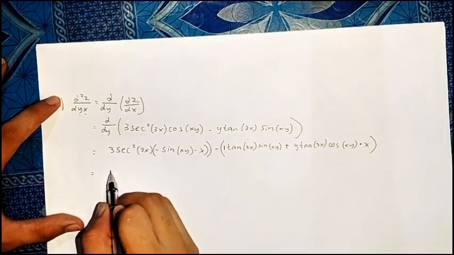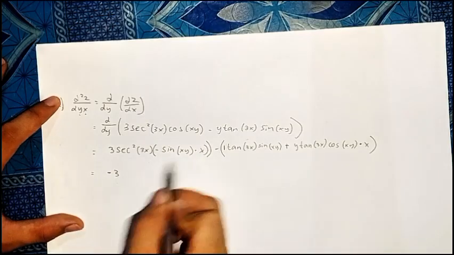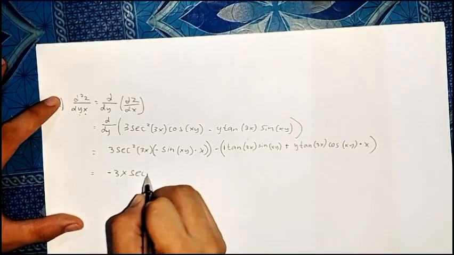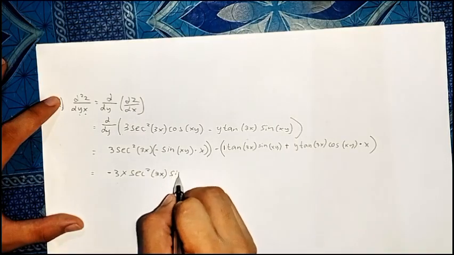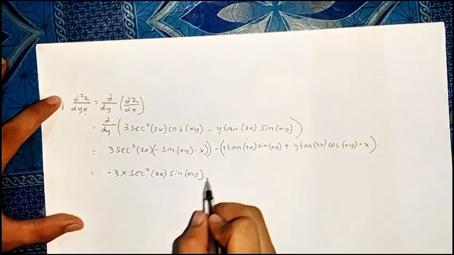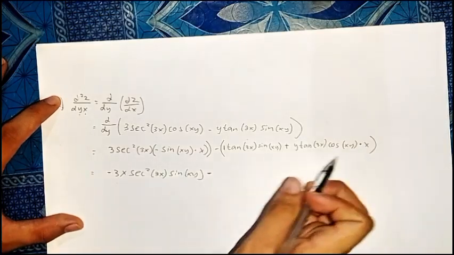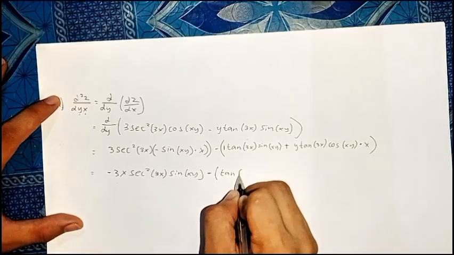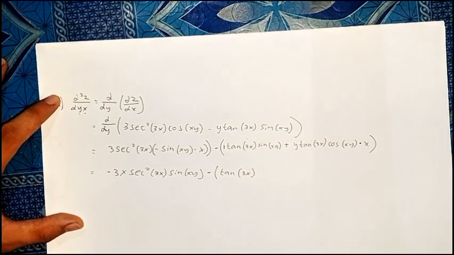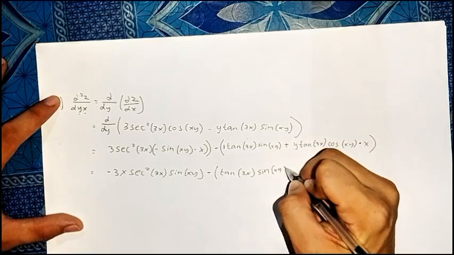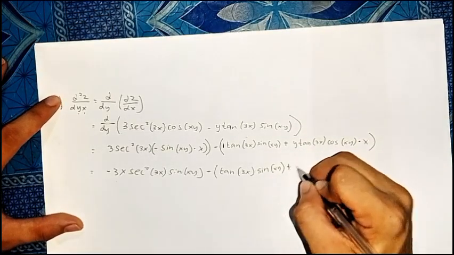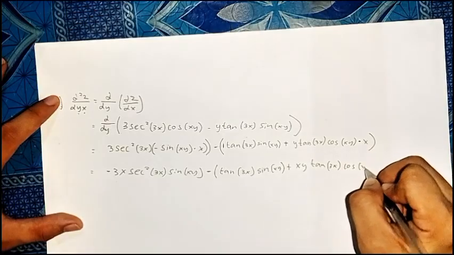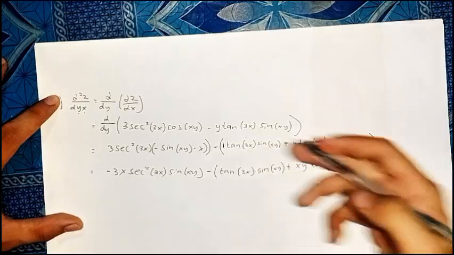So this becomes negative 3x secant squared 3x sine xy. Next, let's simplify this first before we distribute the negative. So this becomes tan 3x sine xy, plus xy tan 3x cosine xy. Now, let's distribute the negative sign.